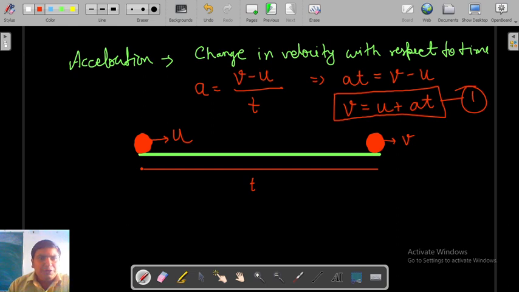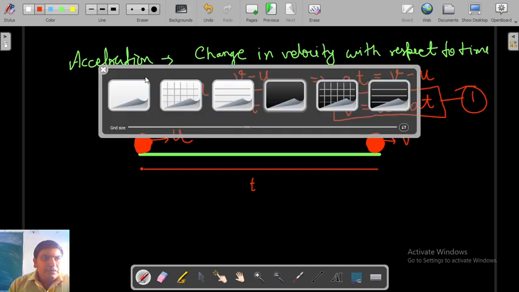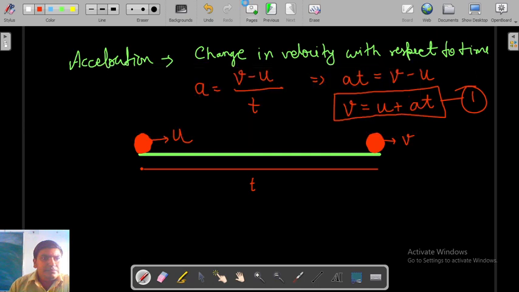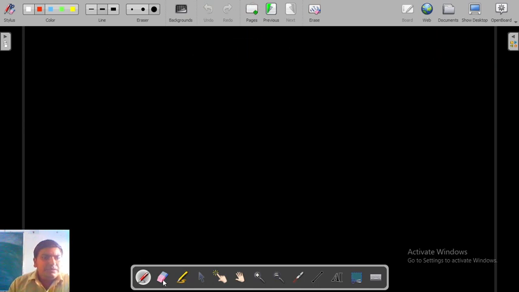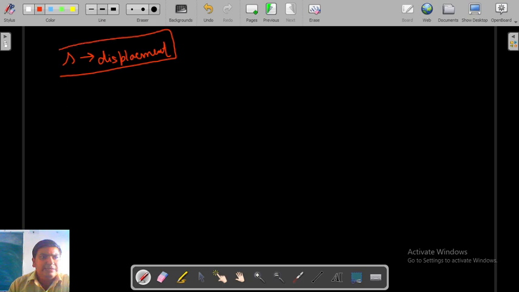Now moving to the second one. Suppose if we take s as a displacement, although in previous lectures we had taken s as a speed, but here s is used as a displacement. Okay, displacement, so don't get confused, here s is a displacement.